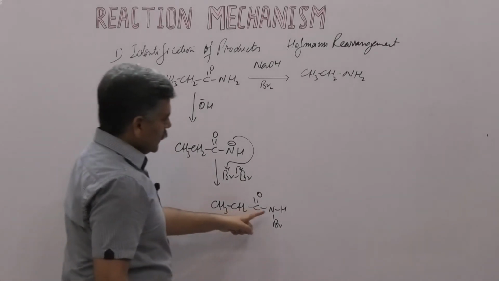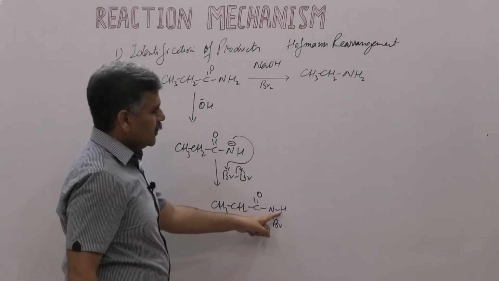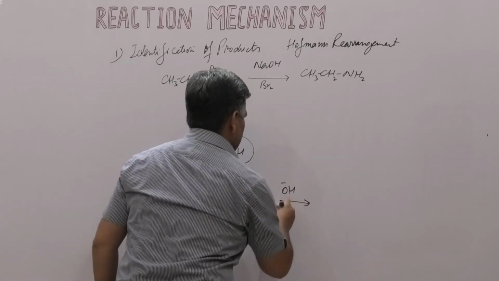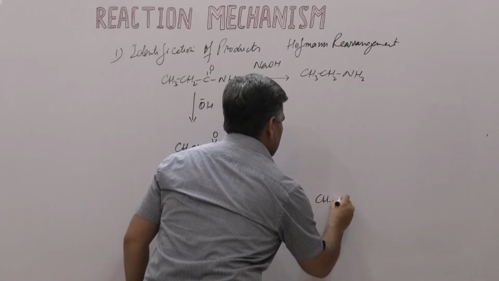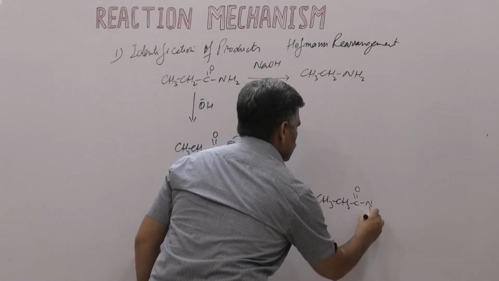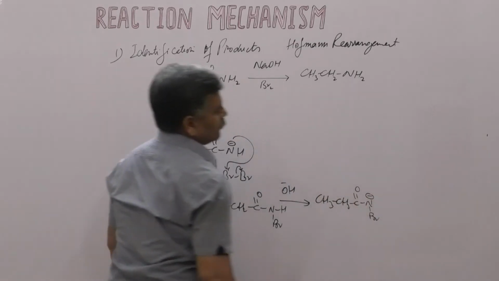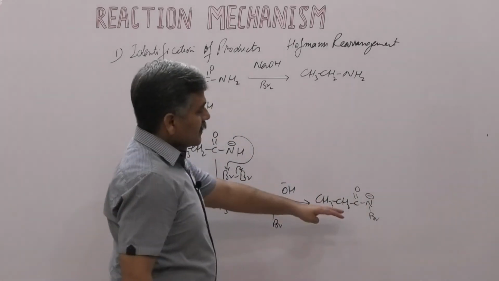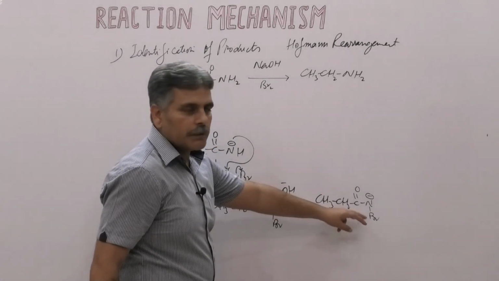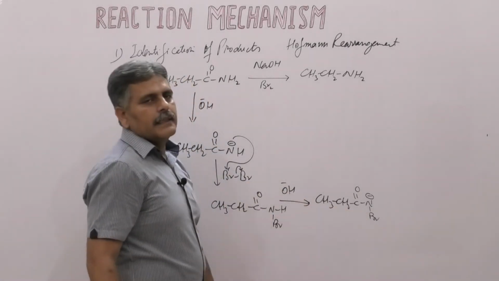Another acidic NH hydrogen is present, and in the presence of base, this hydrogen is removed. As a result of removal of this Br, nitrenes are also produced, which are highly reactive species.